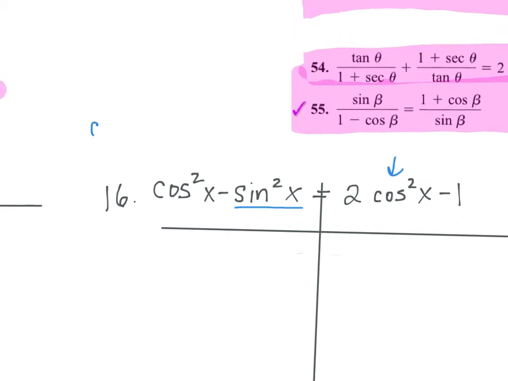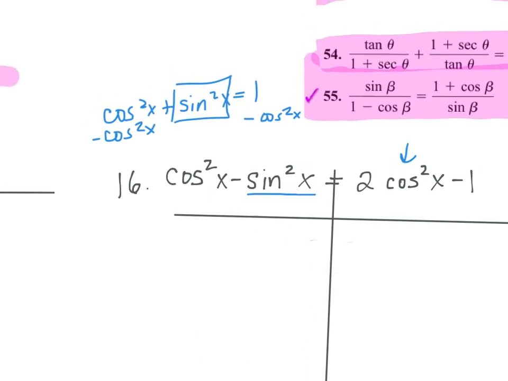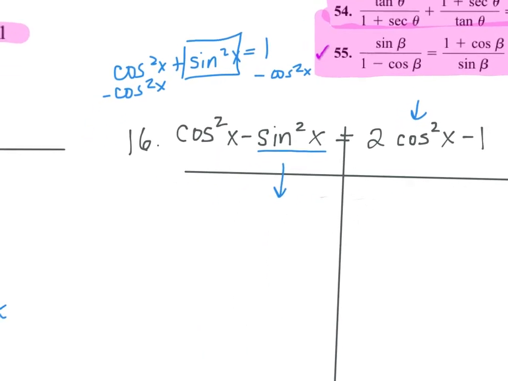If I take my Pythagorean identity of cosine squared x plus sine squared x equals 1, if I want sine to be by itself, then I would have to move this cosine squared to the opposite side. So if you guys notice, now this will say sine squared x. So I can replace sine squared of x with 1 minus cosine squared x.